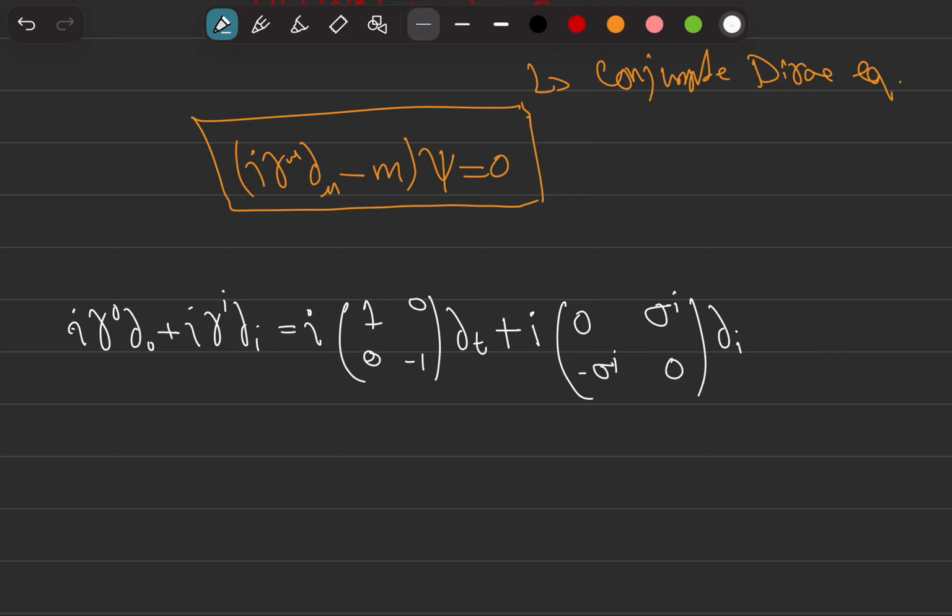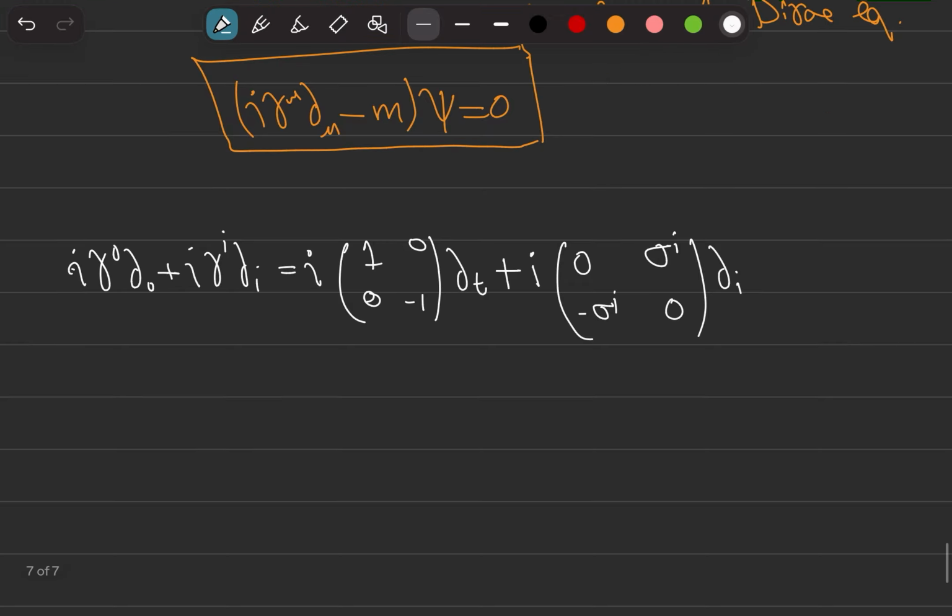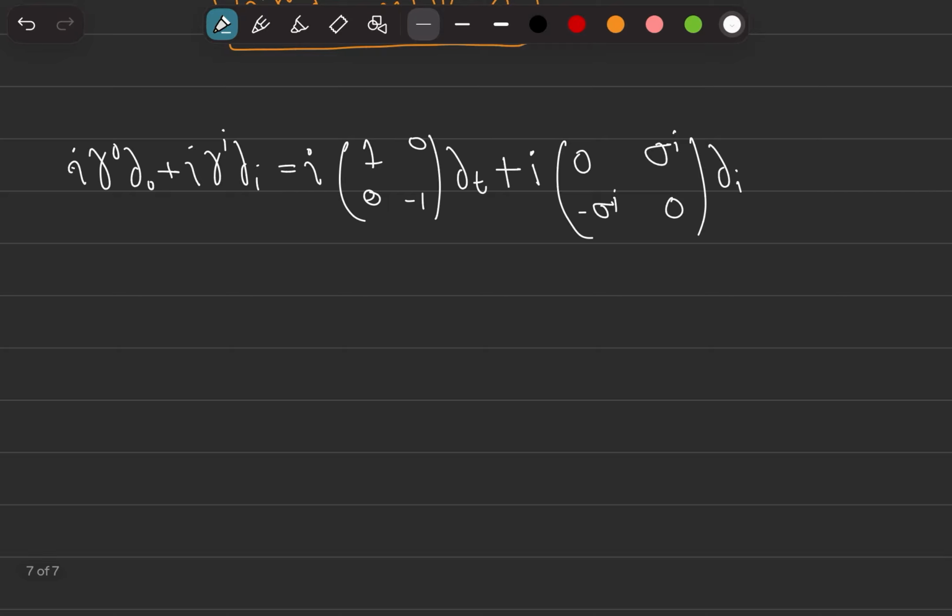Okay, now what we are going to do is write down our spinor as kind of two parts. Let me just write it. So you can write your spinor as phi and chi, where of course both phi and chi are two-component spinors, what we call the upper and lower spinors.